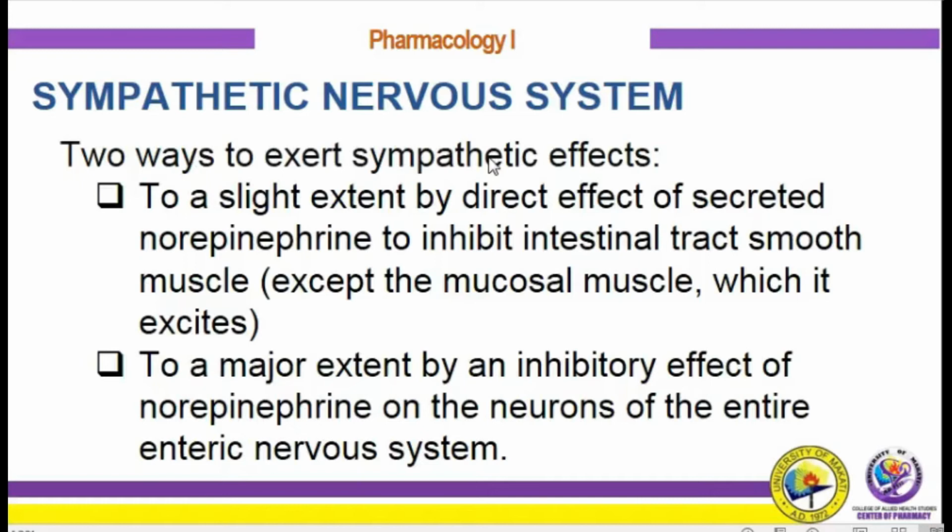And second, to a major extent, by an inhibitory effect of norepinephrine on the neurons of the entire enteric nervous system. So strong stimulation of the sympathetic system can inhibit motor movements of the gut so greatly that this can literally block movement of food through the gastrointestinal tract.